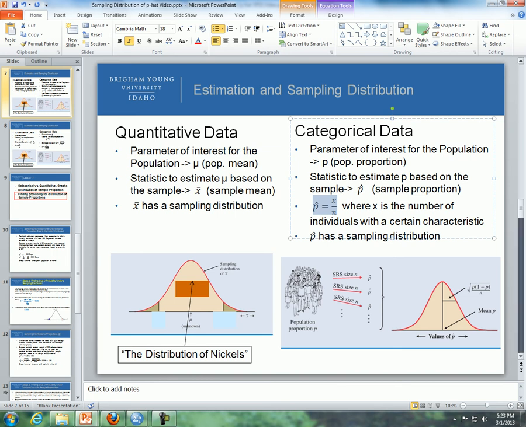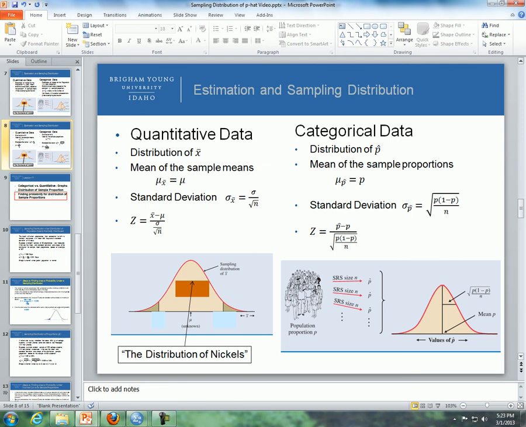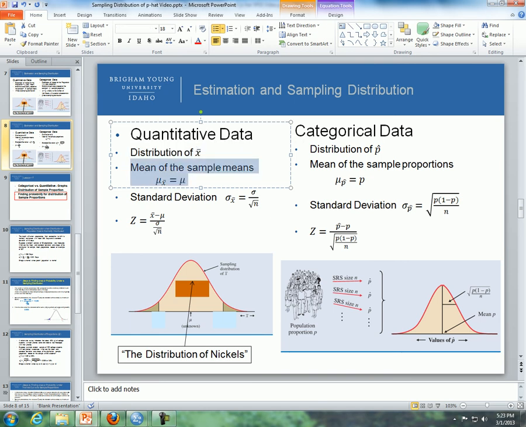Okay. So now let's go further with this, with estimation and sampling distribution. For the distribution of x bar, if you remember, the mean of the sample means is equal to mu, the population mean. The standard deviation of the sample means is the population standard deviation divided by the square root of n.